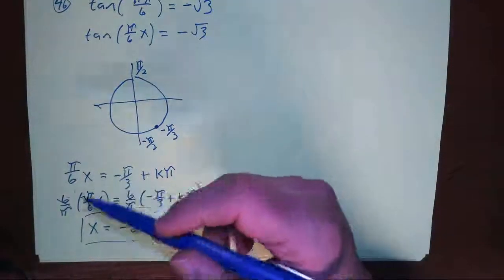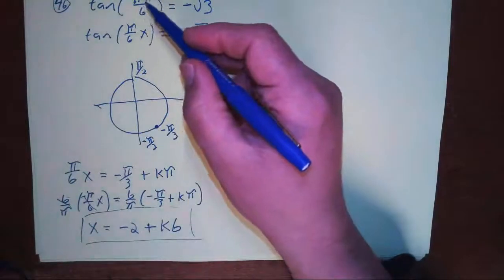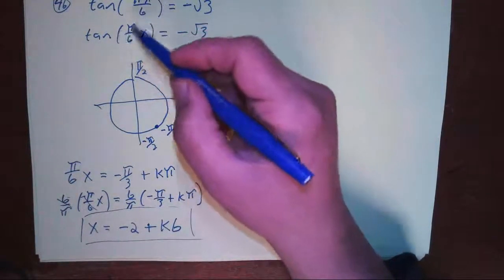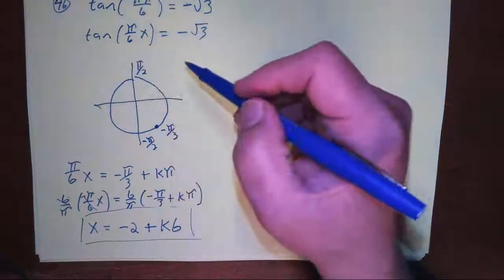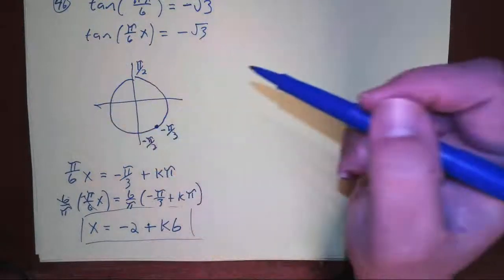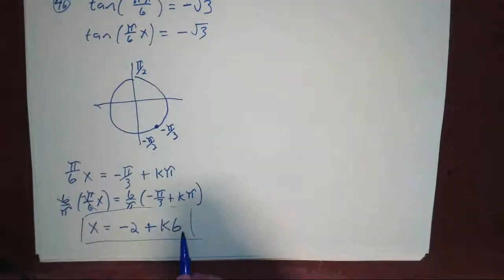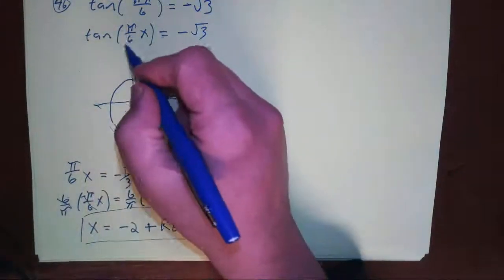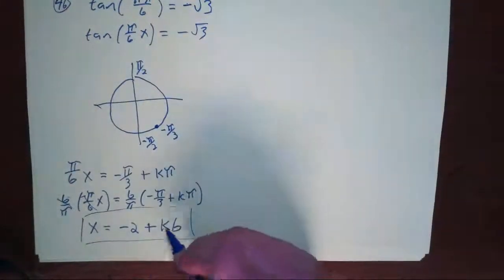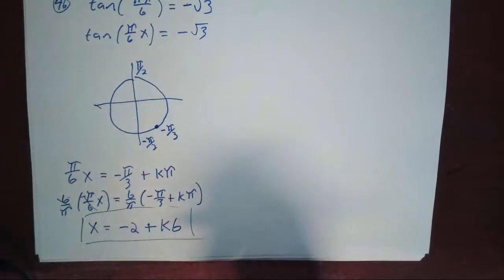If you remember when we were graphing these, the number on the inside changed the period, and if you had a radian here, it changed the period to a whole number. So that's like the new period for this radian, and so these are whole numbers here, as opposed to radians.